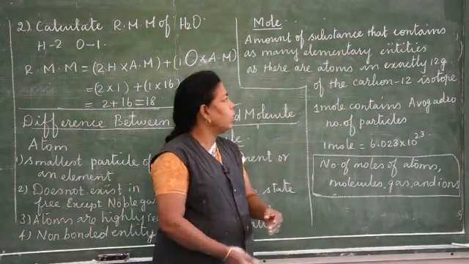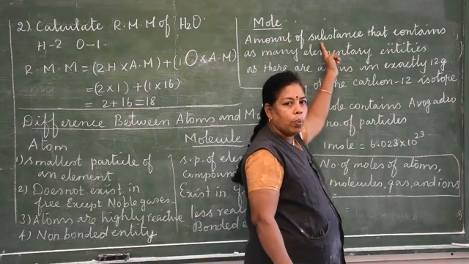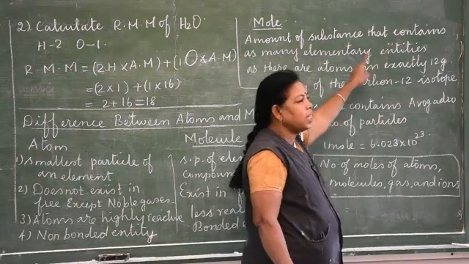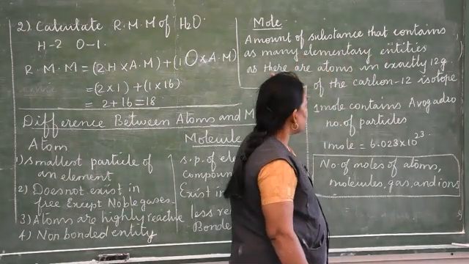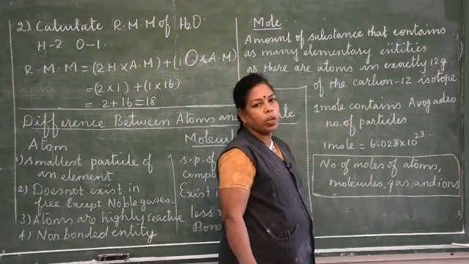So, what is mole? Mole is defined as the amount of substance that contains as many elementary entities as there are atoms in exactly 12 gram of a carbon 12 isotope.